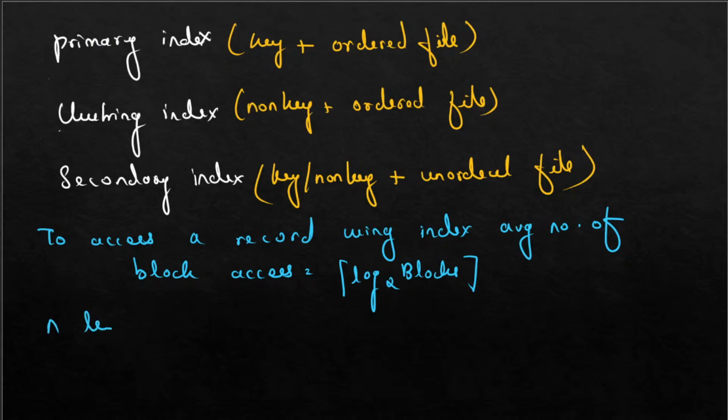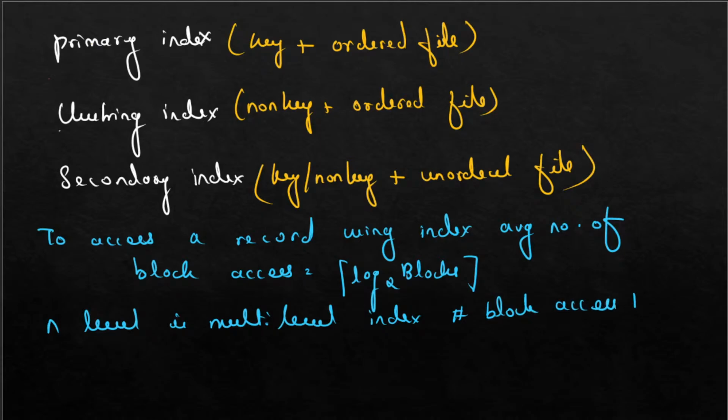And for n level multi-level index, the number of blocks accessed to search a record is equal to n plus 1.